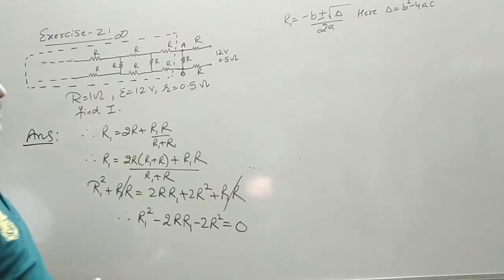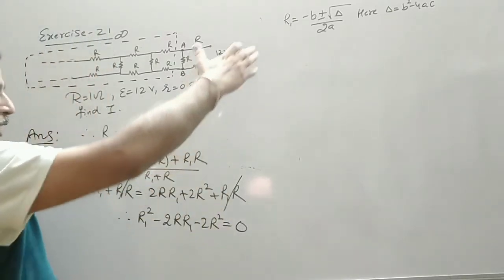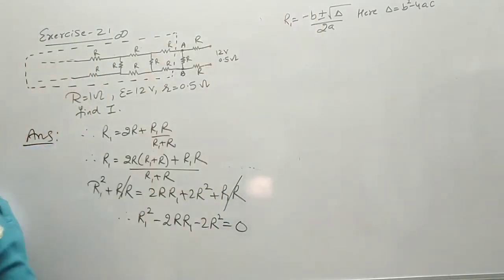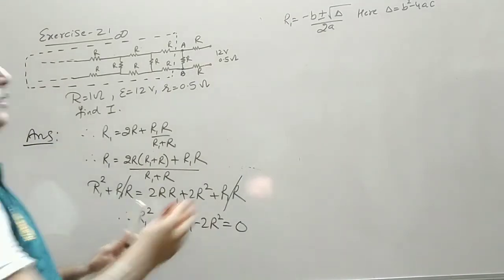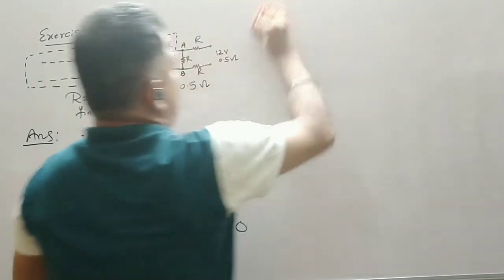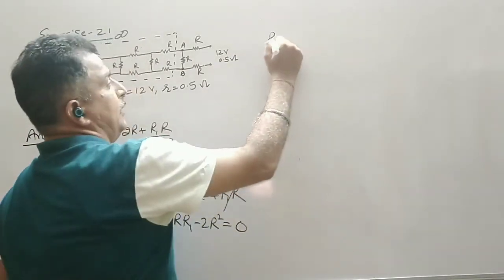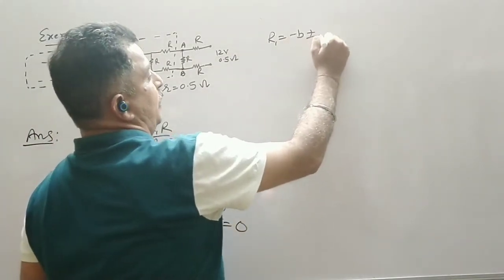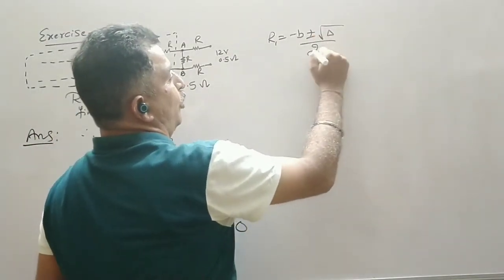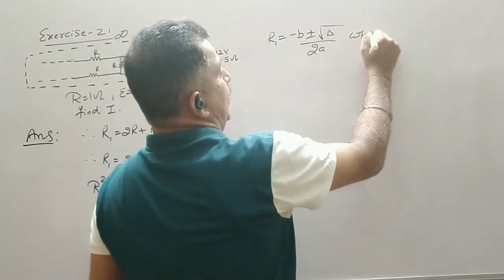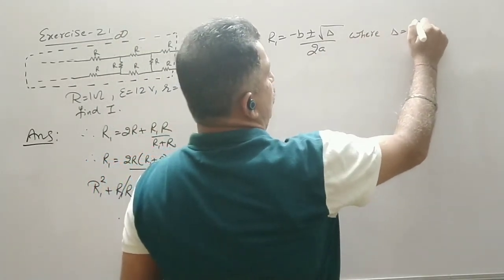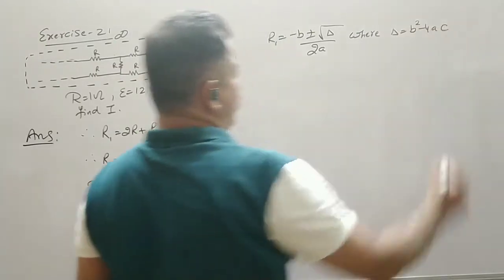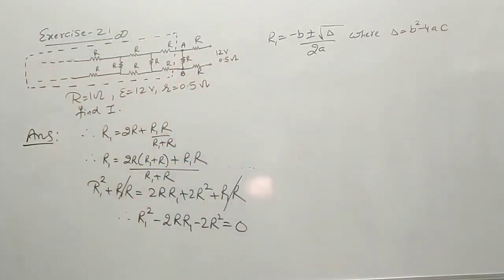So either you will be using this discriminant method, where R1 is equal to minus b plus minus under root delta upon twice a, where delta is equal to b square minus 4ac. So you compare and substitute this value.